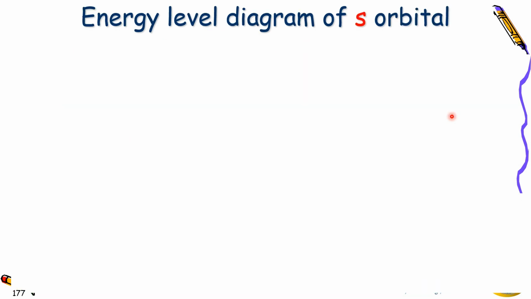So again, let's start from a very simple case, the energy level diagram of s orbitals. Remember that when we have one atom energy level, if energy equals 0, that means free electrons.